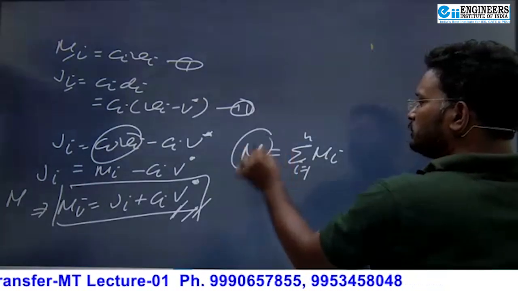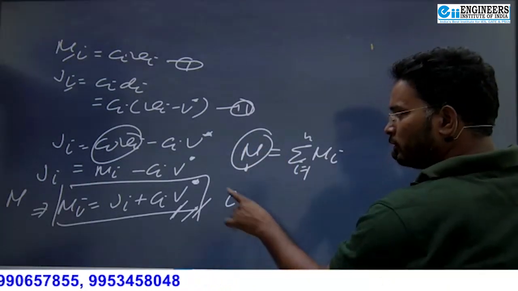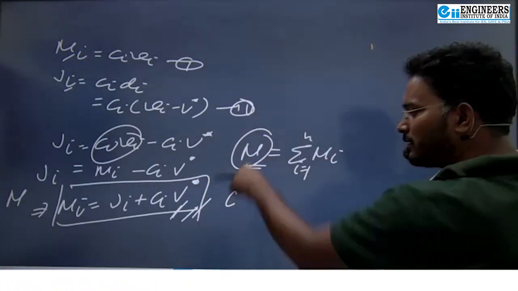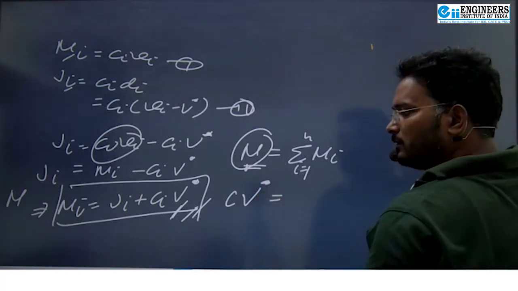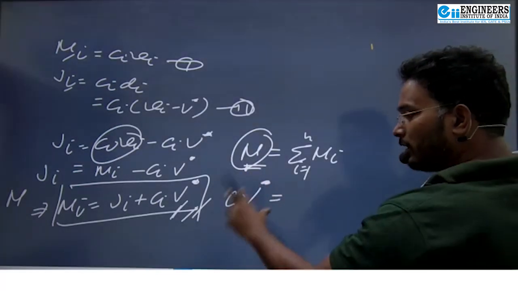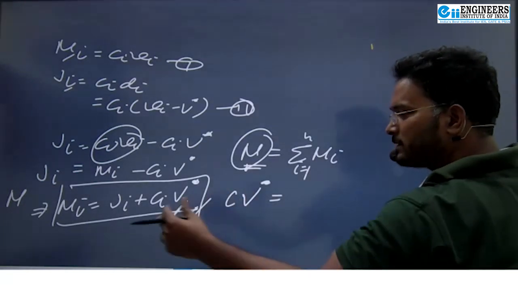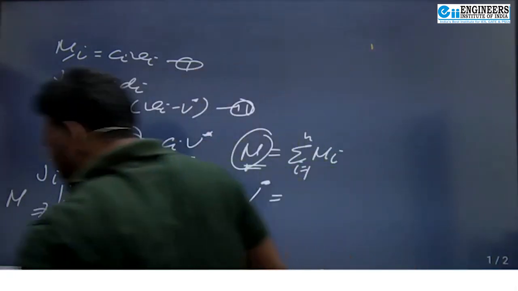Then the total molar flux I can write as total concentration into molar average velocity, V star. Total concentration is the summation of Ci's: C1 plus C2 plus C3 plus C4, total concentration C. Am I right? Yes or no? Please tell me fast.